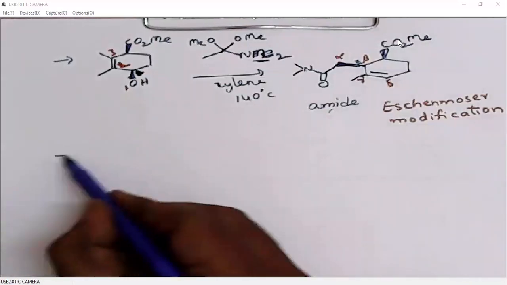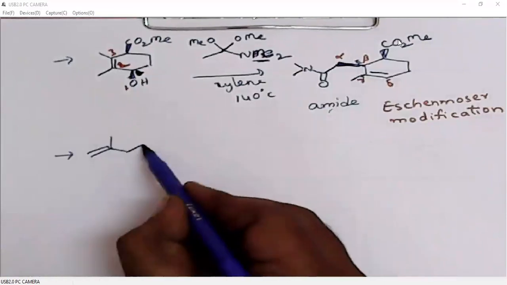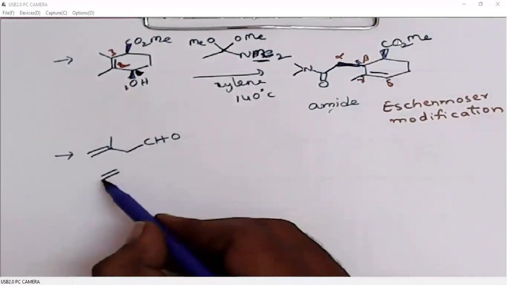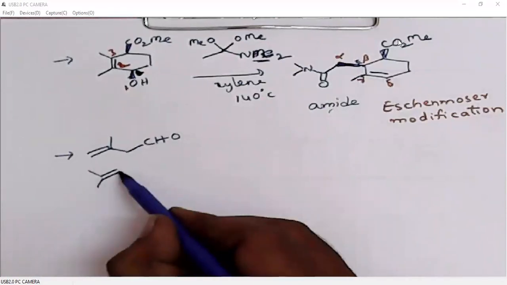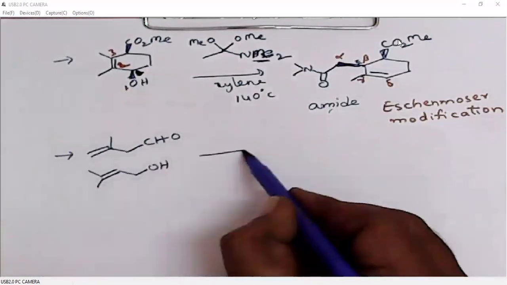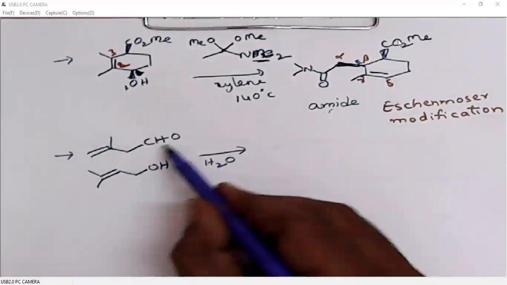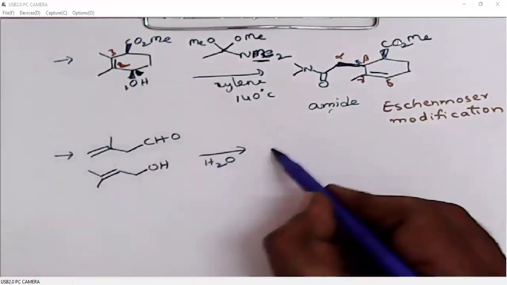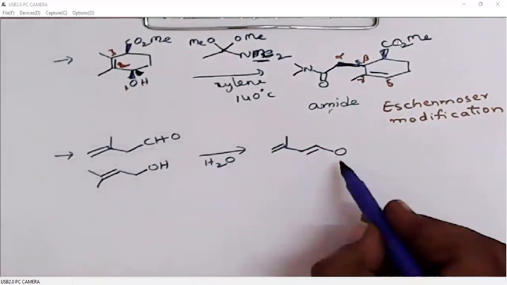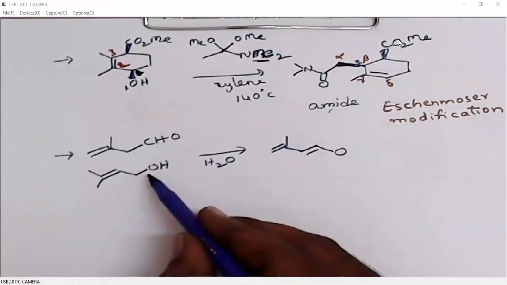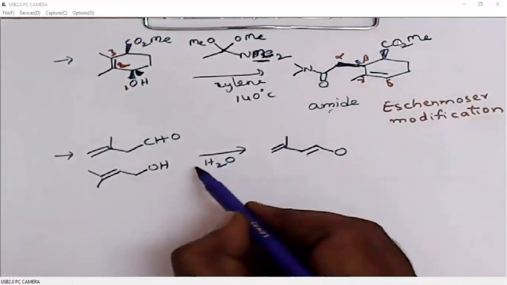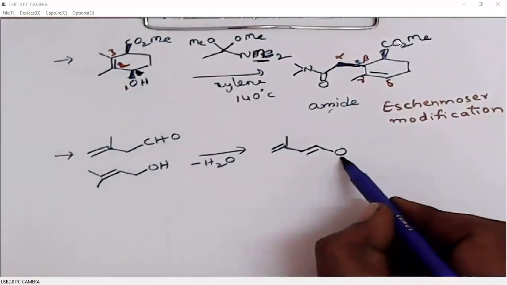In the next example, this carbonyl will undergo enolization, so it generates this enol. This enol will undergo ether formation with this allyl alcohol. So when it undergoes ether formation, it is the product.